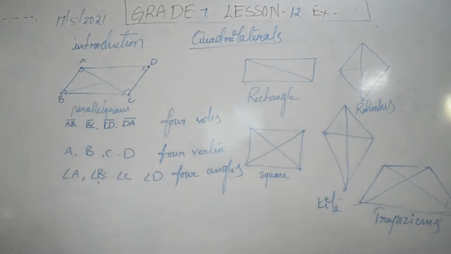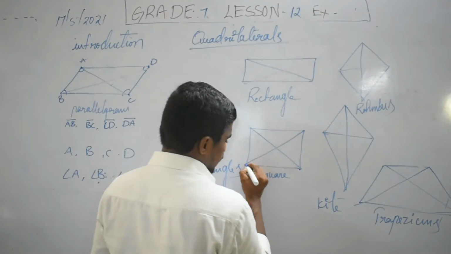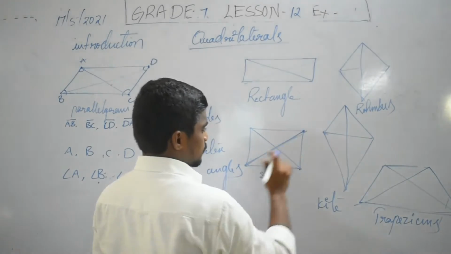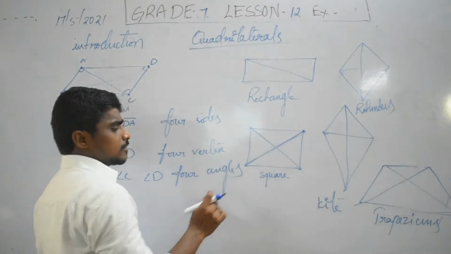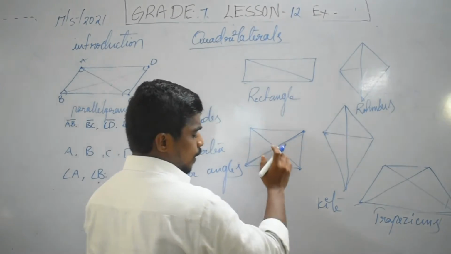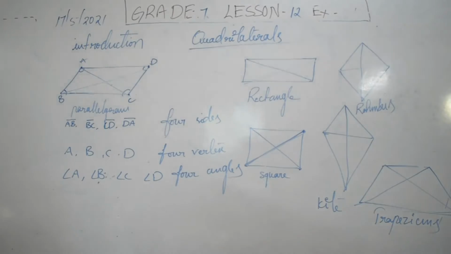So we connect opposite angles with a line segment. We draw the line segment. So this is called the diagonal of the quadrilateral. Next one.